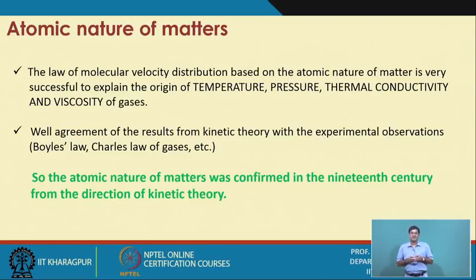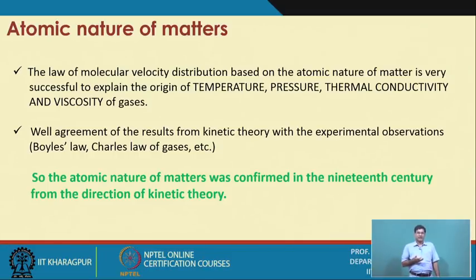So, that velocity distribution was very successful in explaining not only Boyle's law or Charles' law, it was successful in explaining the origin of temperature, pressure, thermal conductivity and viscosity of the gases.